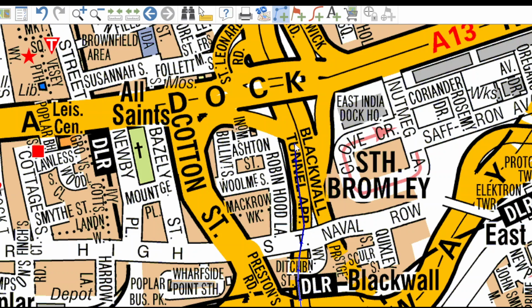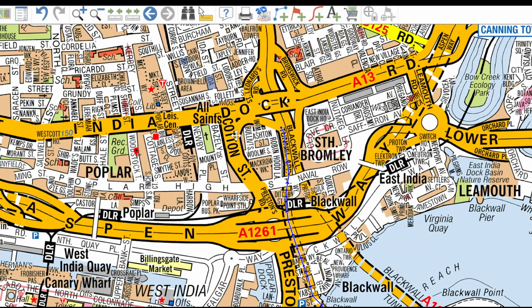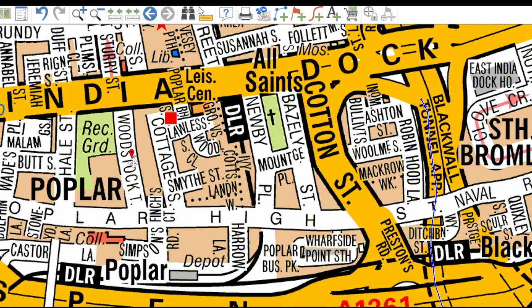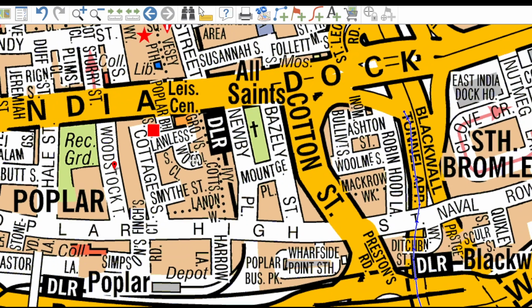Now when you have reached the tunnel approach, you can leave the tunnel only through the tunnel approach. Since you have to move along the left hand side, you should know where your destination is. Your destination is at this point. So you have to leave and move on this road so that you can reach this point.